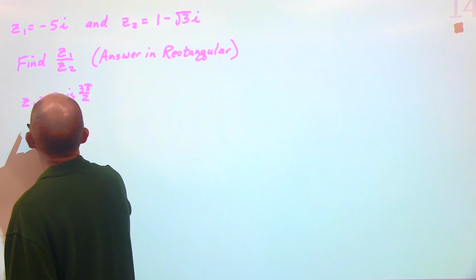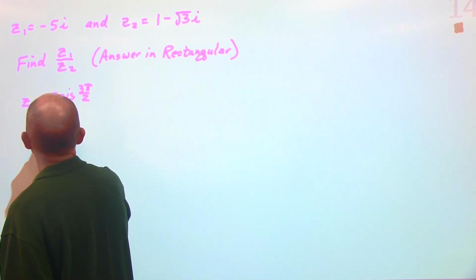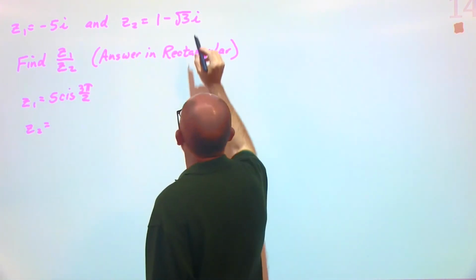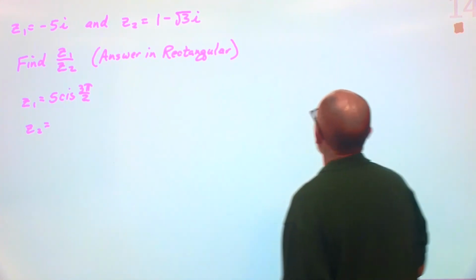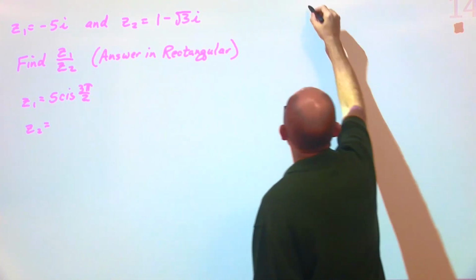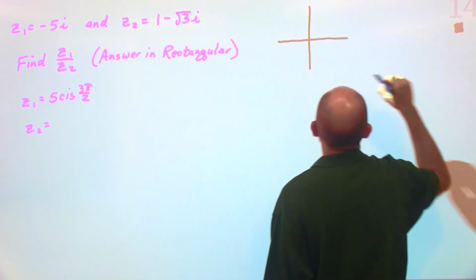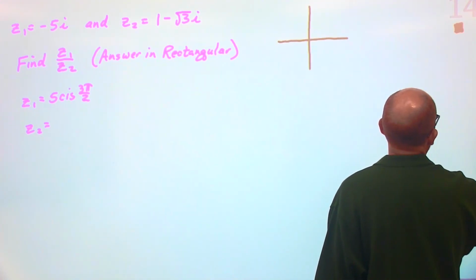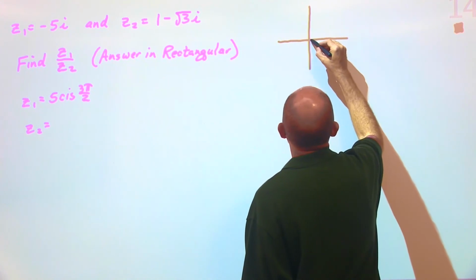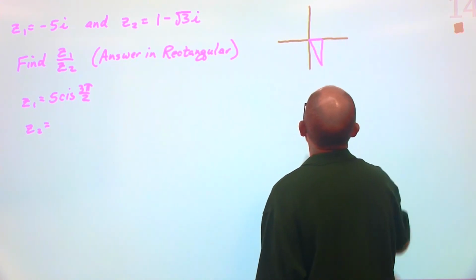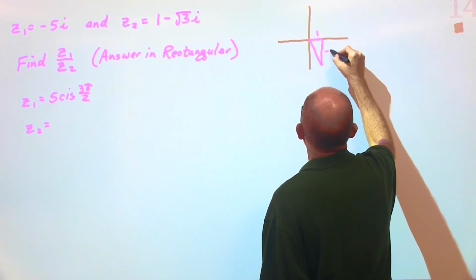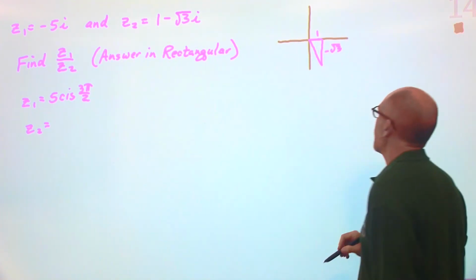And z sub 2 is 1 minus square root of 3i. So we know that's going to go right 1 and down square root of 3. So we have our 30, 60, 90 right triangle.